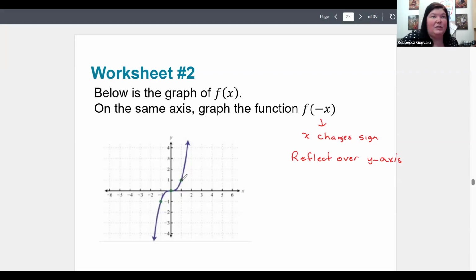This point here at 1, 1 will now reflect over here to negative 1, 1. This point here at 0, 0 is going to stay at 0, 0 because there's no reflection from there. And then this point at negative 1, negative 1 will reflect over here and will now be at 1, negative 1. So it's just that x component that's changed sign.